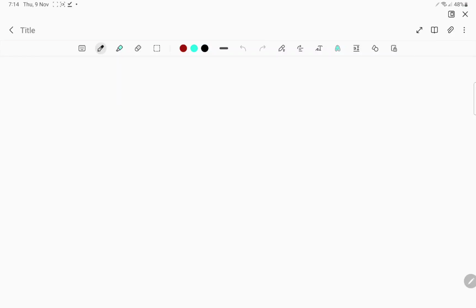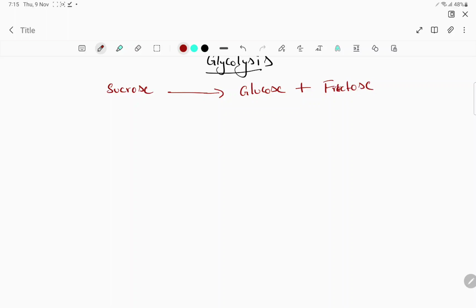So let's see the cycle of glycolysis in respiration in plants. Initially, sucrose is converted to glucose plus fructose.